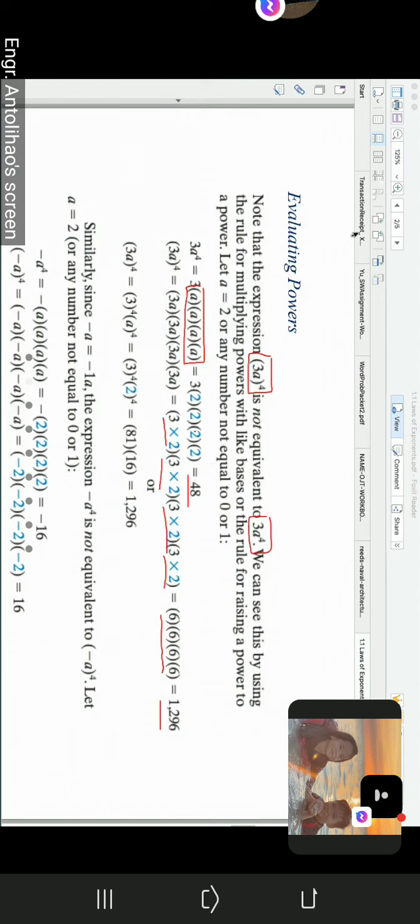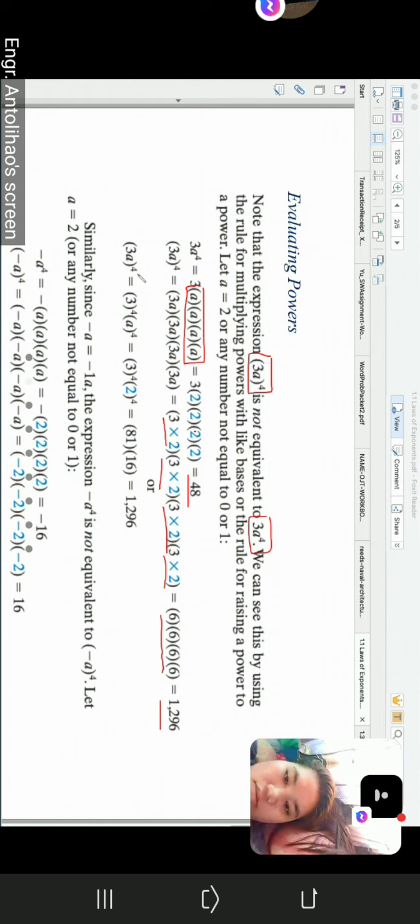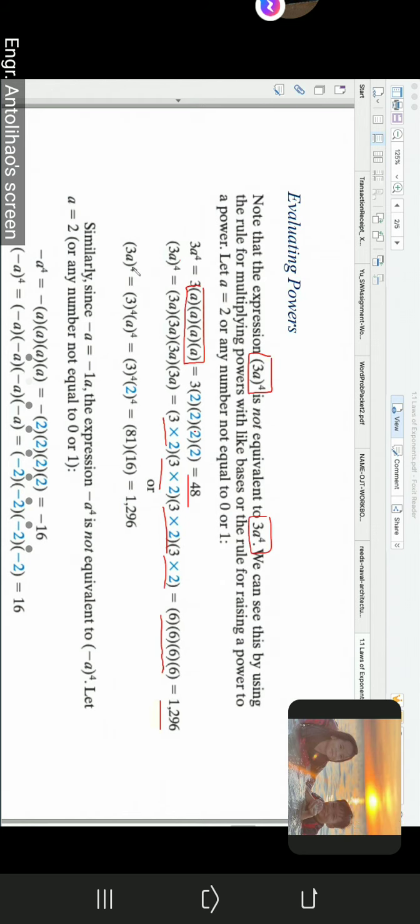When we apply this power of a product, we distribute the power to each of the coefficient and the variable. So this 3 becomes 3 to the power of 4, and a becomes a to the power of 4.